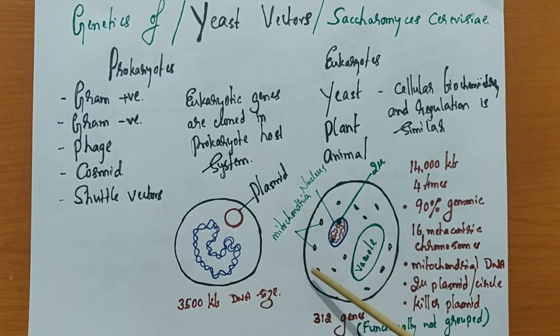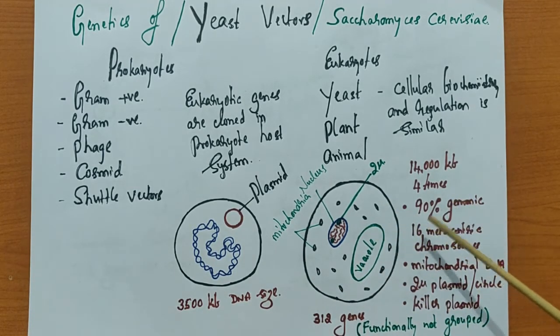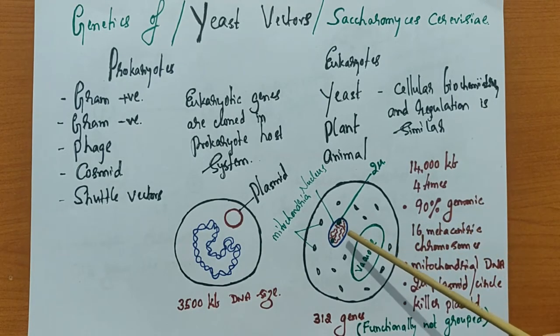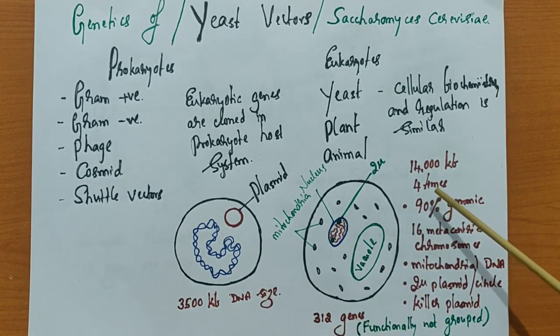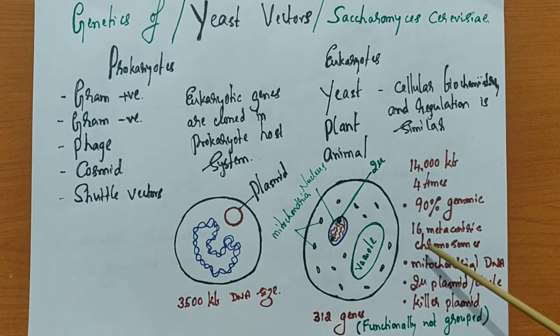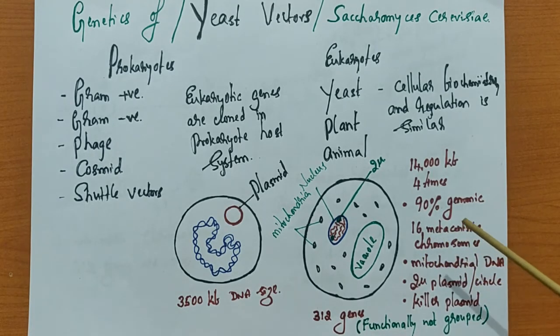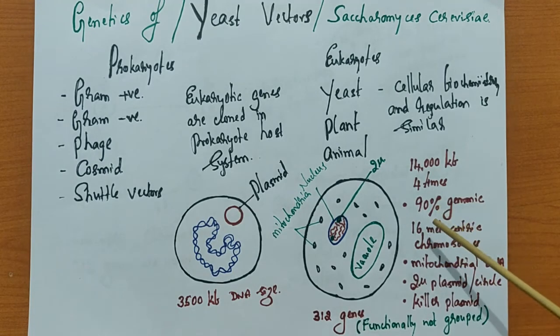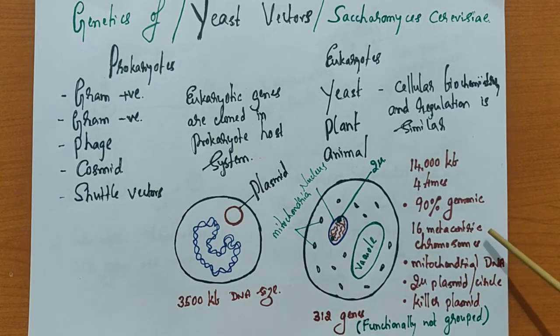In yeast, 90% of the genetic material is genomic in nature. In E. coli it is a circular DNA, whereas in yeast the 90% genomic DNA is present as 16 metacentric chromosomes. Metacentric relates to the position of the centromere, so the genomic material is present in the form of chromosomes.